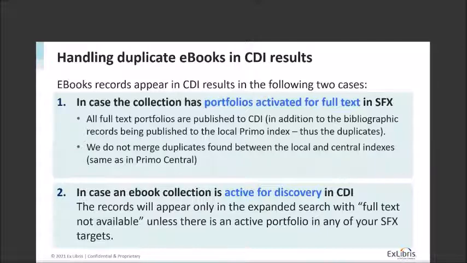They get the book from their local content as well as from a CDI package. So how can this happen? First of all, it can be that the collection has portfolios activated for full text in SFX, because all full text portfolios that are active in your SFX instance are published to CDI, in addition to the bibliographic records being published to the local Primo index, so you get these duplicate results.